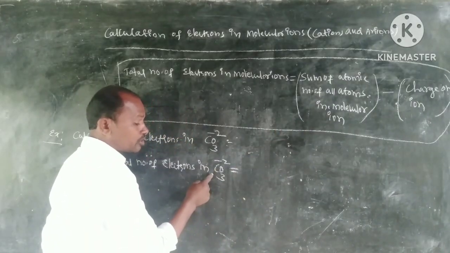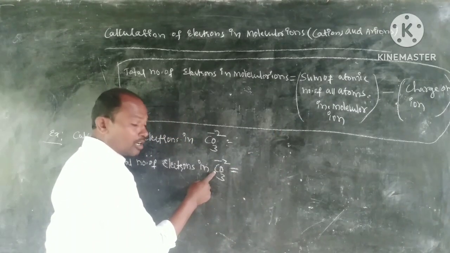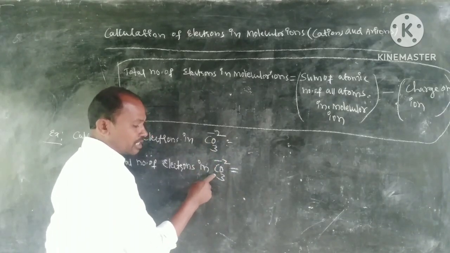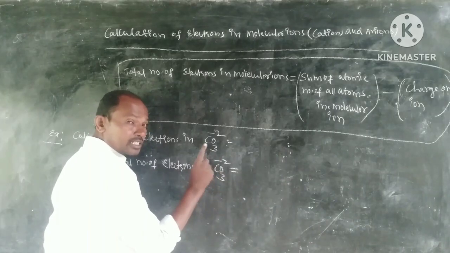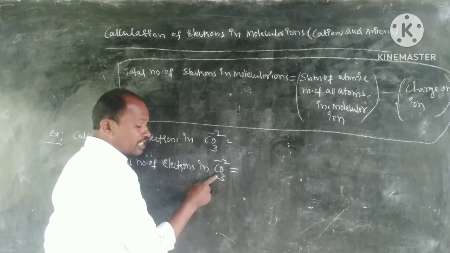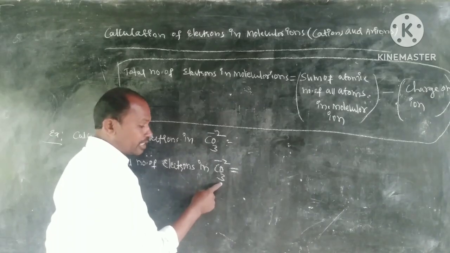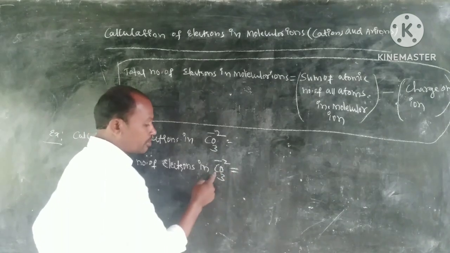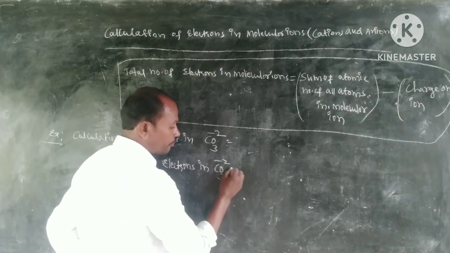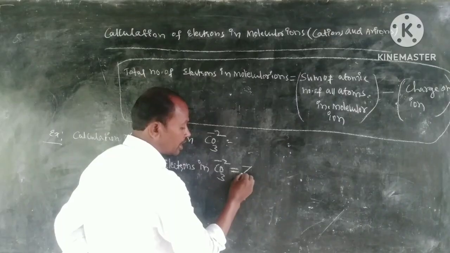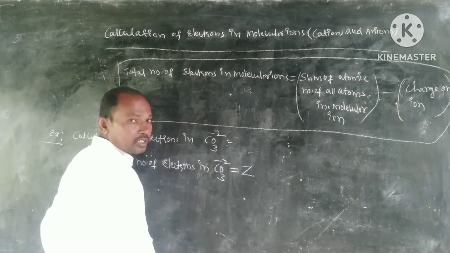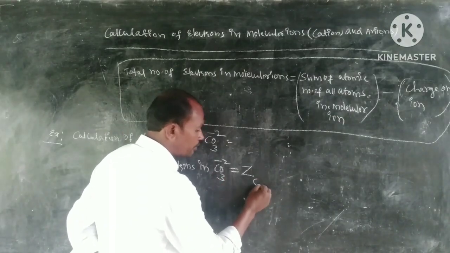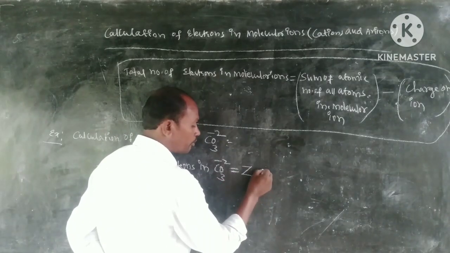The principle is the sum of atomic numbers of all atoms in the molecular ion. First we take the atomic number of carbon, Z, into how many carbons are there?